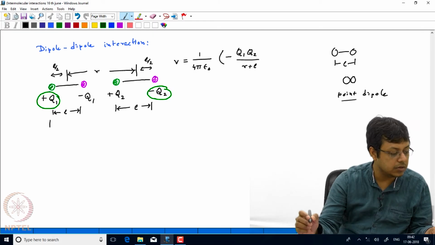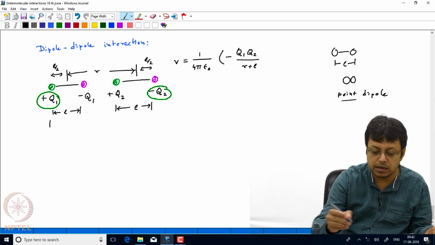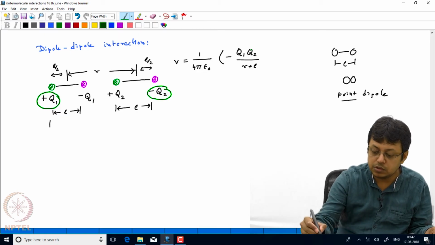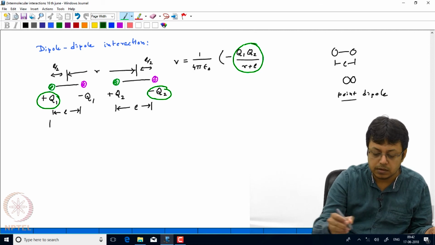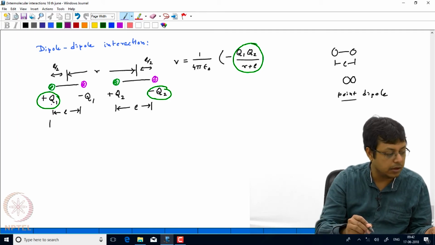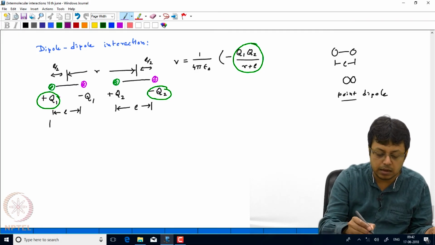Then let us consider the second term. This was our first term between the two charges. Now, for the second term, let us consider that I have Q1, and then also take the other one as Q2.